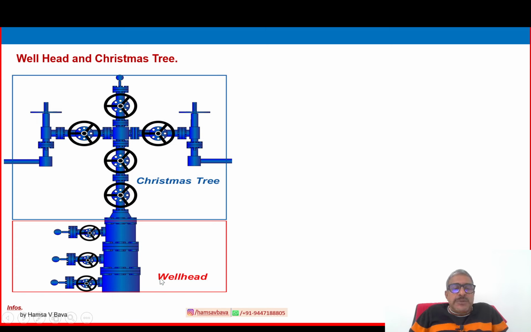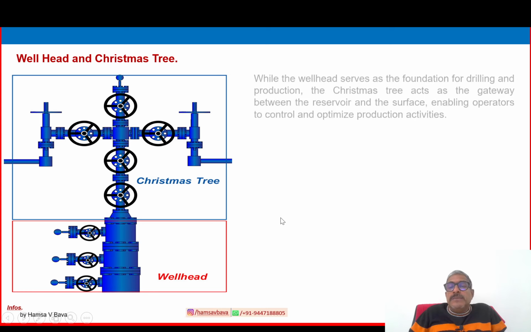So, wellhead and Christmas tree. The entire area we can call the wellhead, and the Christmas tree is a part of it. The Christmas tree is the upper part, and the wellhead is the lower part, or the entire assembly we can call the wellhead.